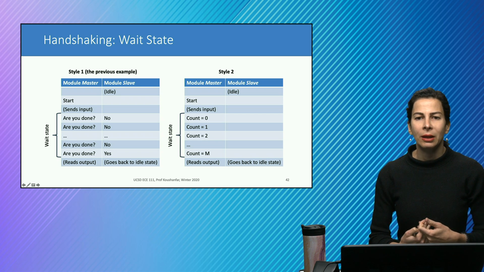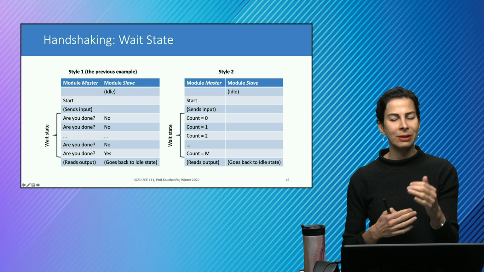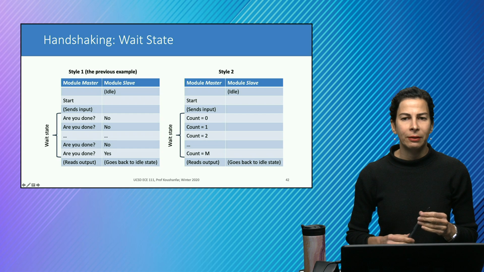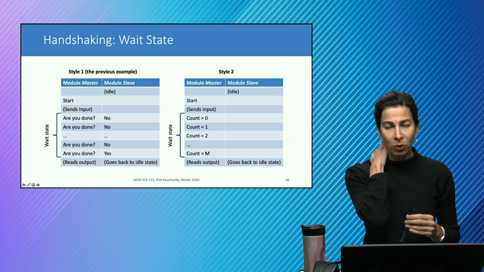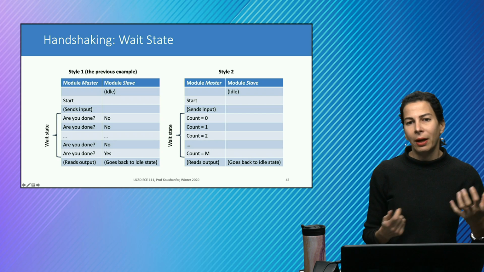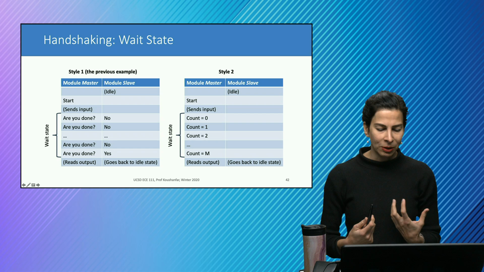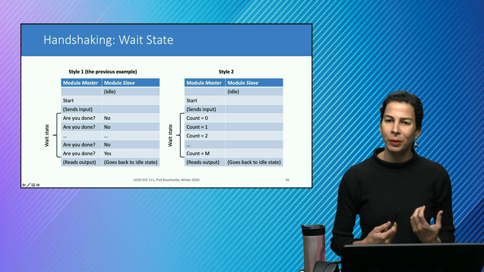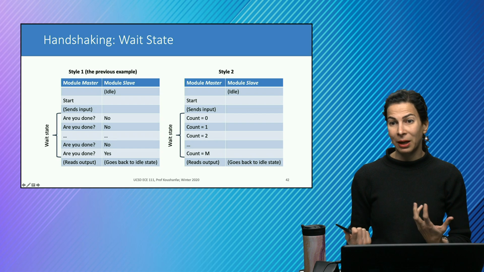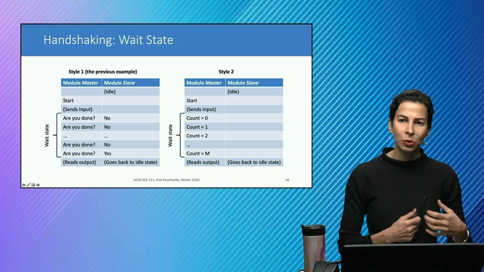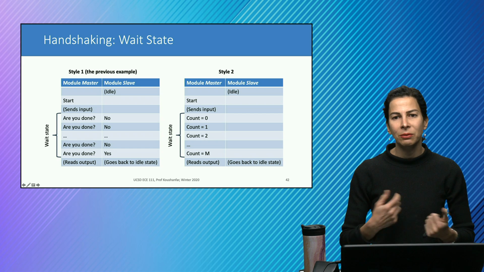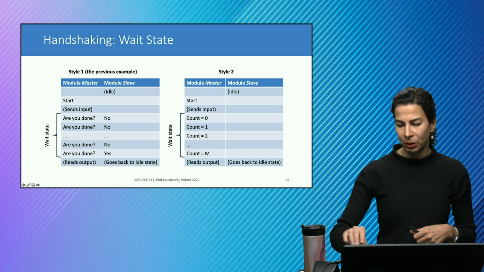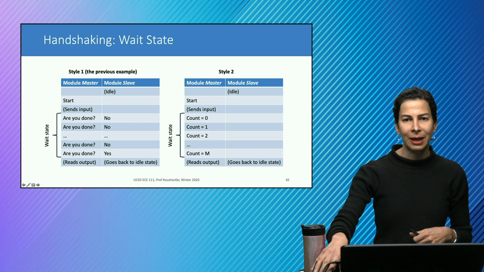The other one is if we have a fixed count for how long the wait should be, which could sometimes be overkill because we may not always know how much time it takes, but sometimes we know, so it's an easier, cleaner style to write. And then we go to the output, which was the idle state.